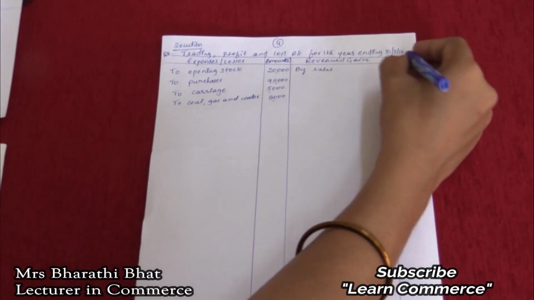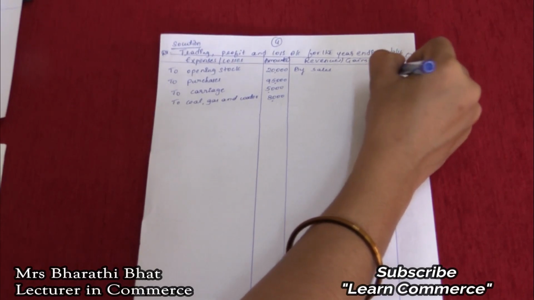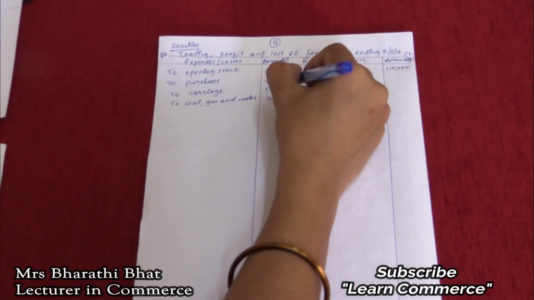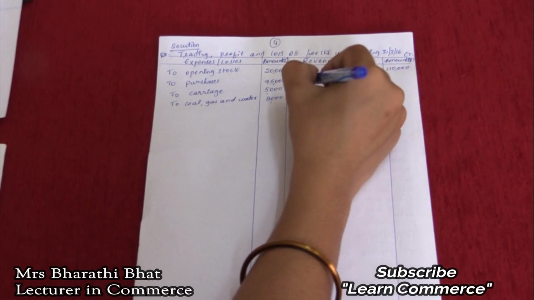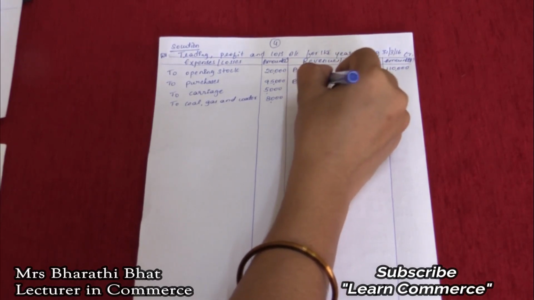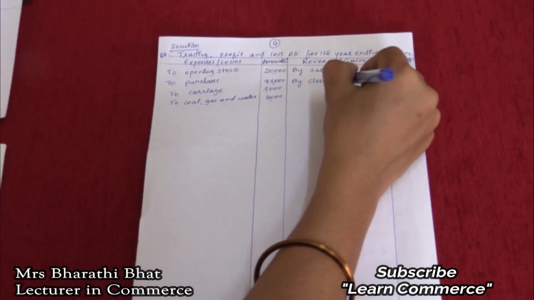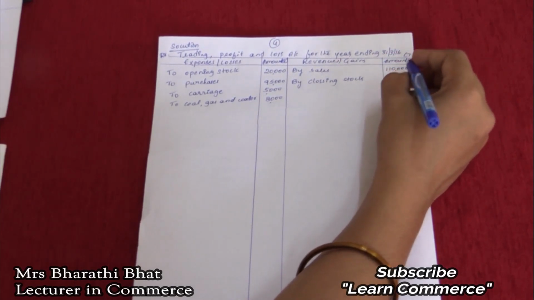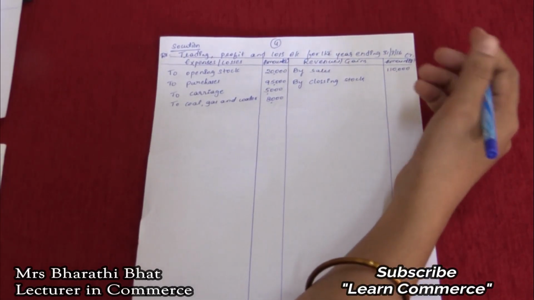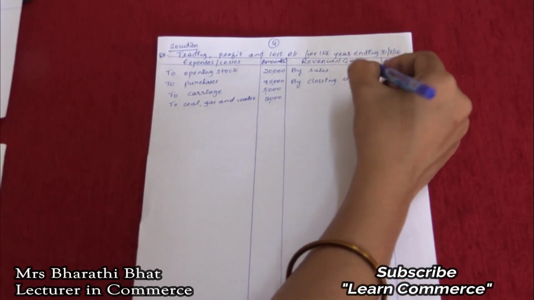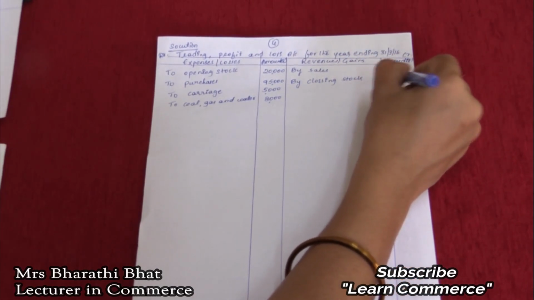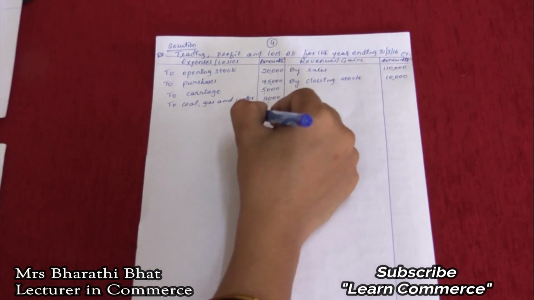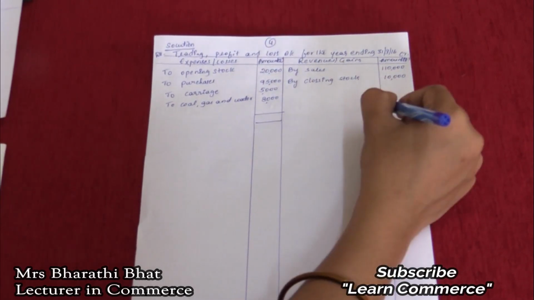How much? 1,10,000. Is there any returns? No returns. So just write the next one, by closing stock. How much? Closing stock information is there in the adjustment. So 10,000. Next, you know the next step, correct?